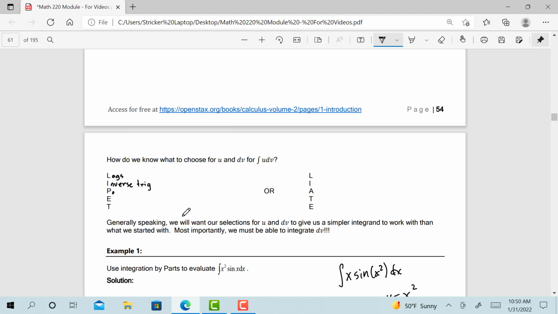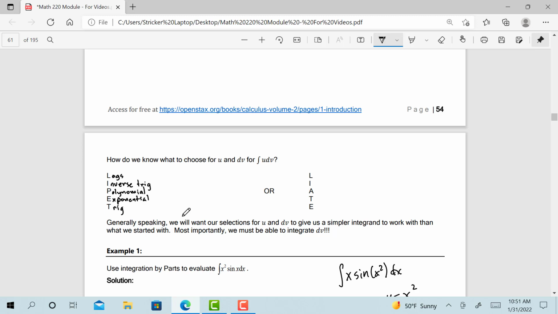P is going to stand for polynomial. That's when you have something like x squared, x cubed, things like that. E, of course, is going to stand for exponential. And then lastly, T is going to stand for trig functions. So how do we use that?